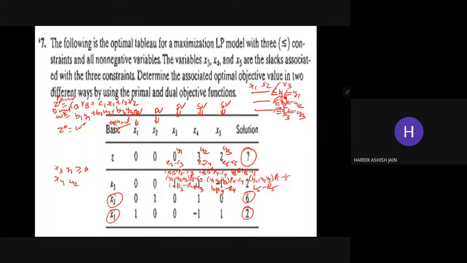Corresponding to x3, what is the dual constraint? You tell me that. Y1 greater than or equal to 0. Corresponding to x4, y2 greater than or equal to 0, and corresponding to x5 it will become y3 greater than or equal to 0.